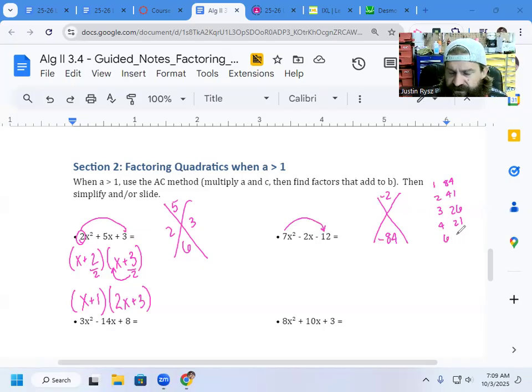Yeah, that works out. Is that 6 and 14? 7 and 12. Oh yeah, we just multiply 7 and 12. Let's see, does it divide by 8? No. Does it divide by 9? No. Does it divide by 10?